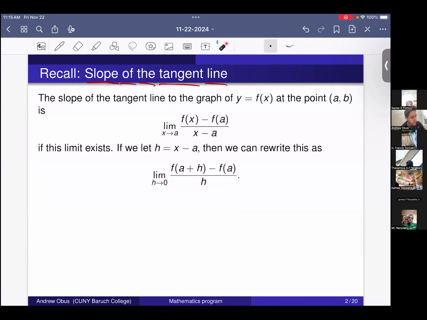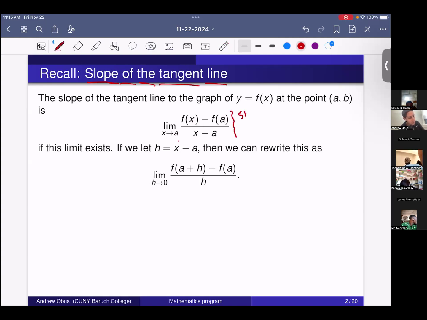What we did last time was we said that if you have the graph of a function, y equals f of x, and you take some point on the graph of that function, we call that point (a, b), then how do we figure out the slope of the tangent line at that point? Well, we had to take a particular limit: the limit as x approaches a of f of x minus f of a over x minus a.